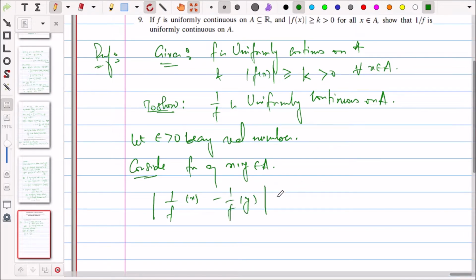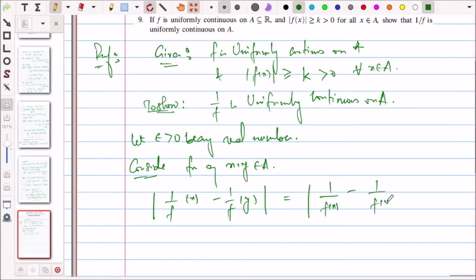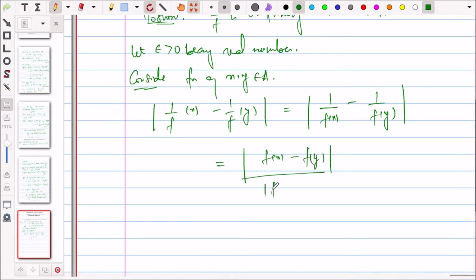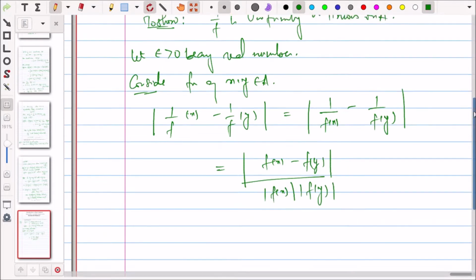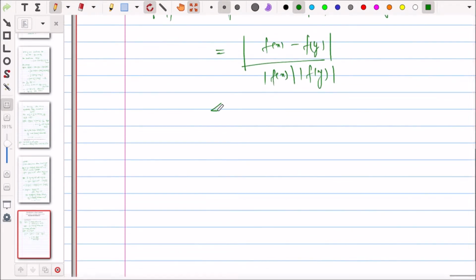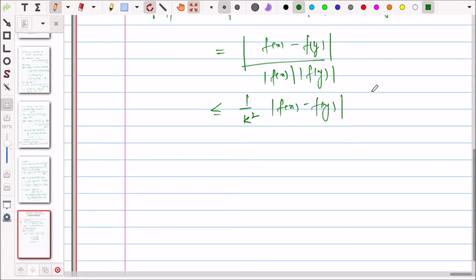This is equal to, when you take the LCM, f(y) minus f(x) upon modulus f(x) modulus f(y). Now, because f(x) is greater than or equal to k for every x in A, we will replace f(x) and f(y) by k, so our denominator will reduce, and overall the number will increase. So we have this greater than or equal to sign.